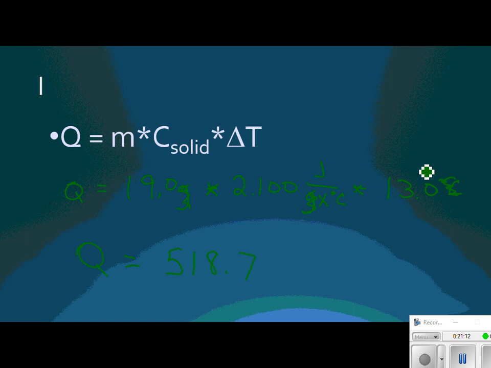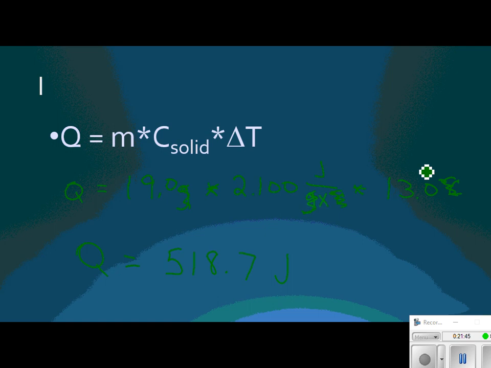I've got degrees Celsius on top and bottom here. So my label is going to be joules. So this is telling me that in area 1, I need 518.7 joules. I'm not going to sig fig it until the end, but we will. I'm going to leave it just like this and sig fig everything at the end.